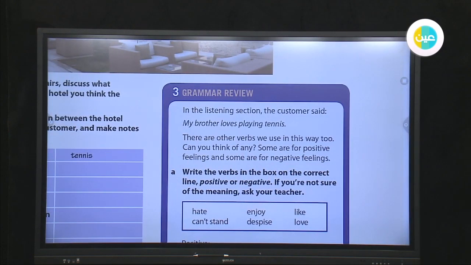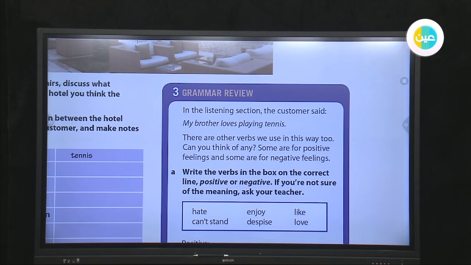Here we will revise some old grammar rules. In the listening section, the customer said, "My brother loves playing tennis." My brother loves playing tennis. There are other verbs we use in this way too. Can you think of any?